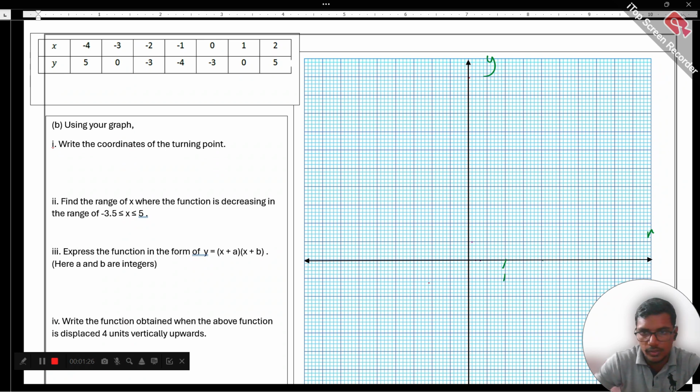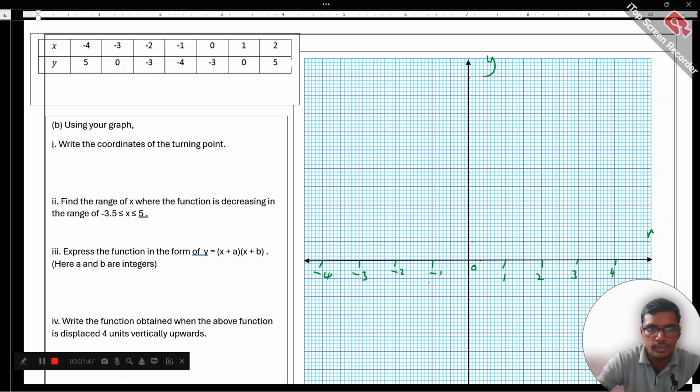1, 2, 3, 4. This side we want 0. Negative side we want until -4. -1, -2, -3, -4. We need until that point.